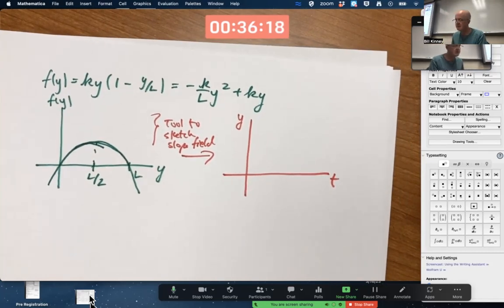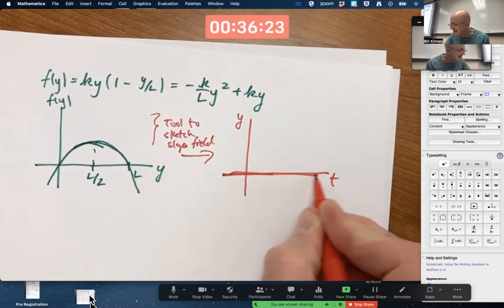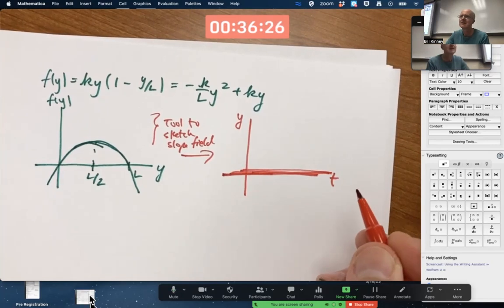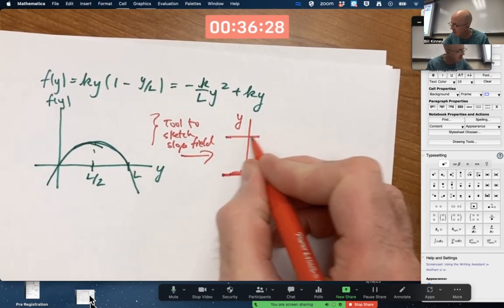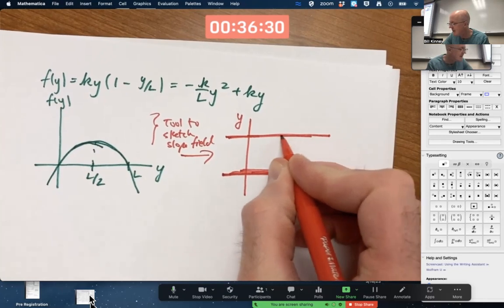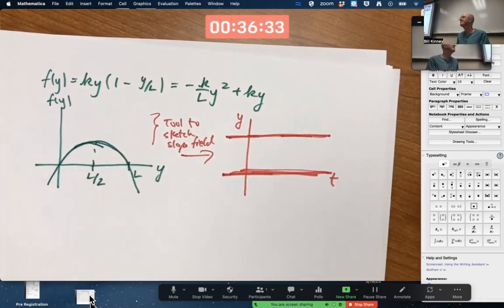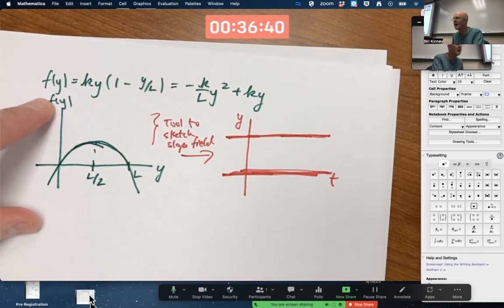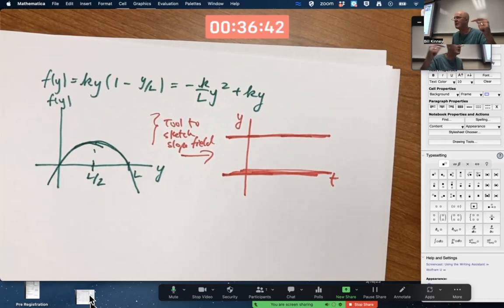There are two equilibrium solutions, y equals 0 and y equals L. In the slope field, those are horizontal lines that represent constant functions that solve the differential equation, because they make this function f of y, the right-hand side function of the differential equation, equal to 0. And derivatives of constant functions are always 0.